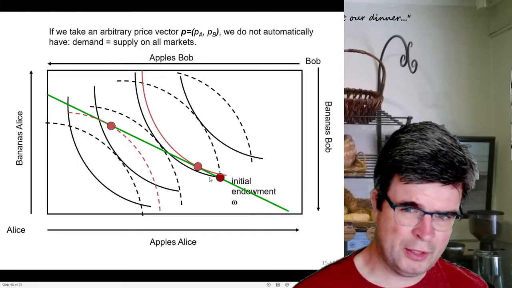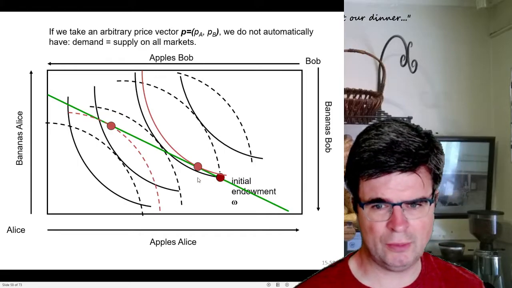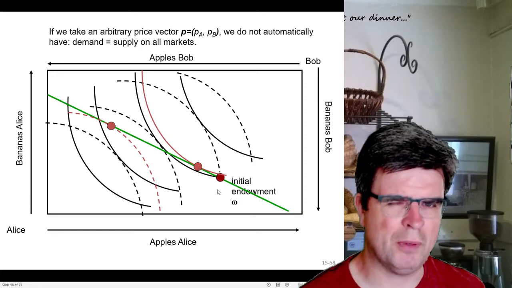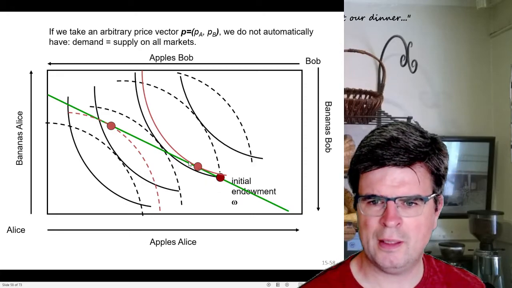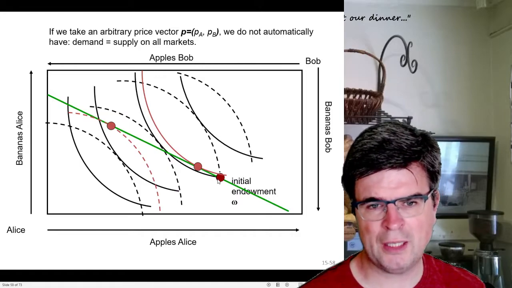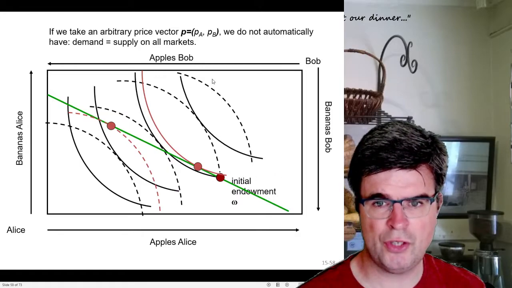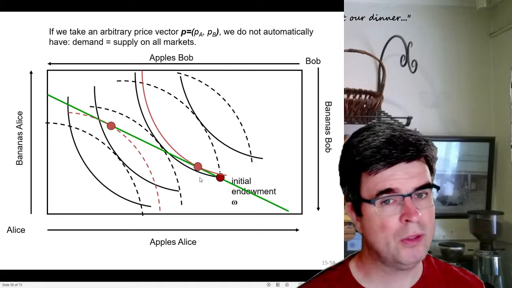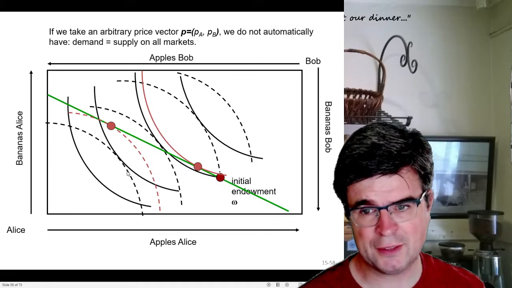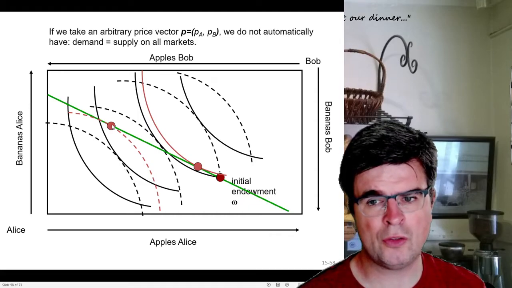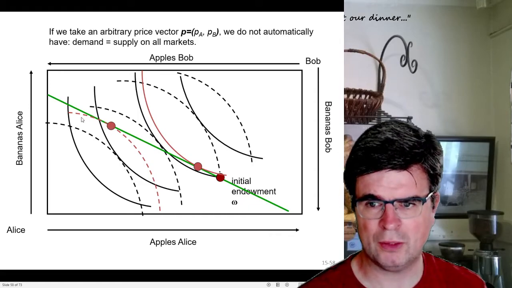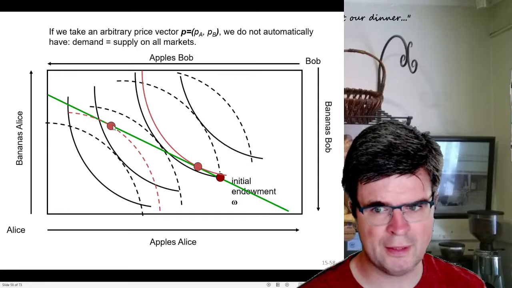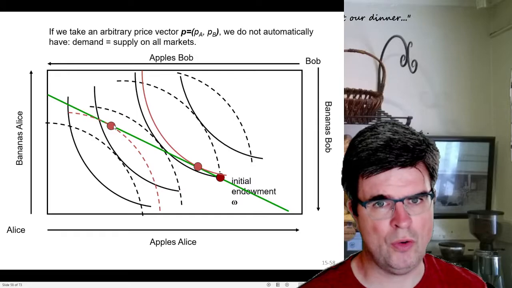Compared to her initial endowment, she will sell some apples in order to get some extra bananas, but not very many. And Bob starts out with a lot of bananas but few apples. So Bob will sell quite a number of bananas from his initial endowment in order to buy more apples, because his highest indifference curve that coincides with the budget line is this dot over here.